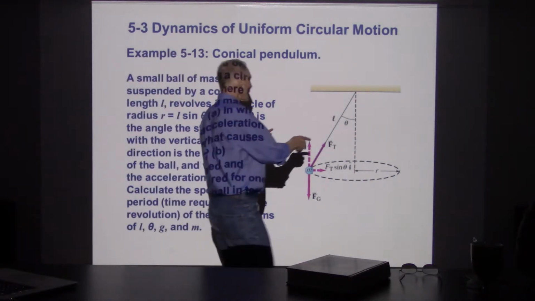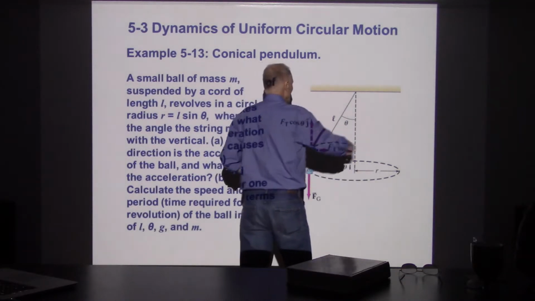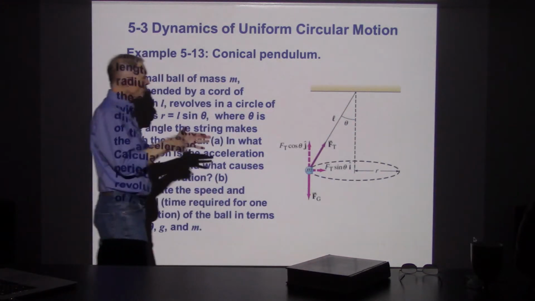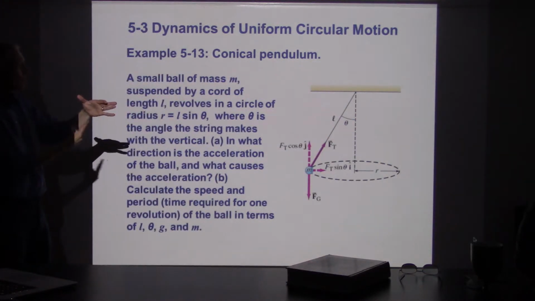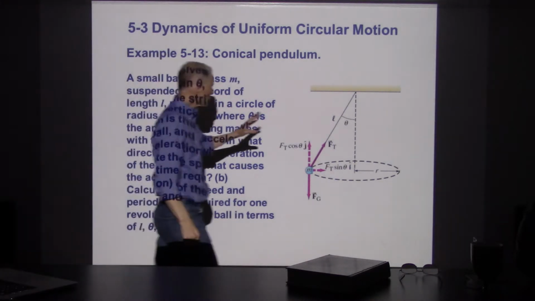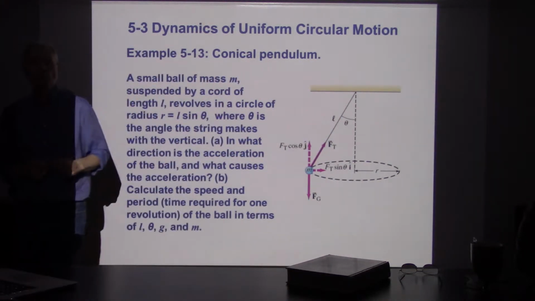Now, this is called a cone pendulum. So I've got this circular motion, and that circular motion is forming kind of a circumference at the base of a cone, and the string is kind of marking out the conical shape.